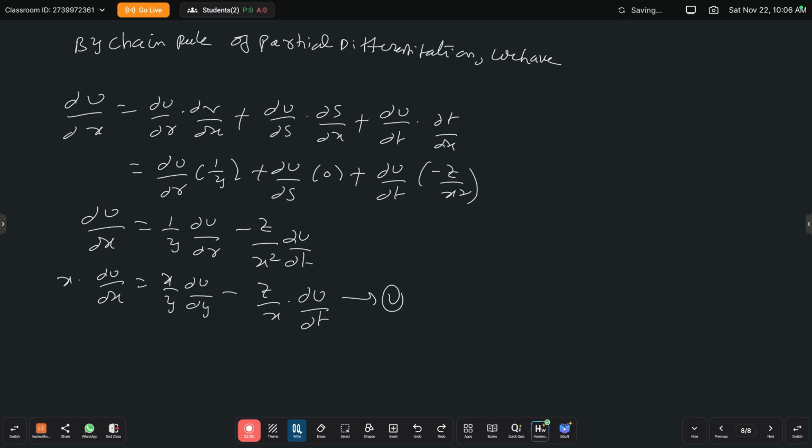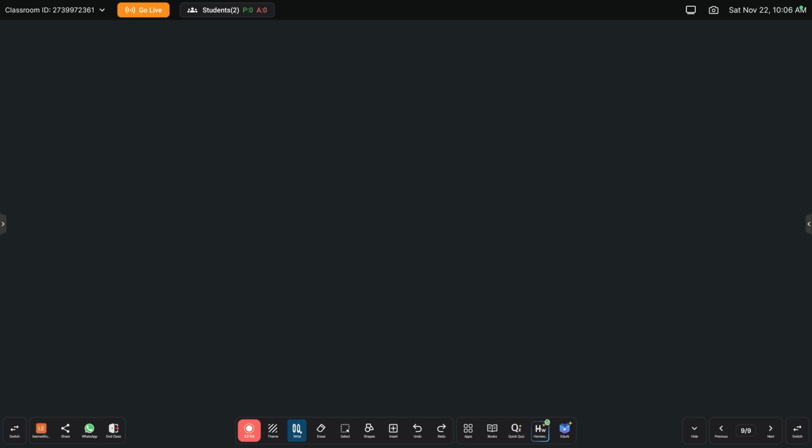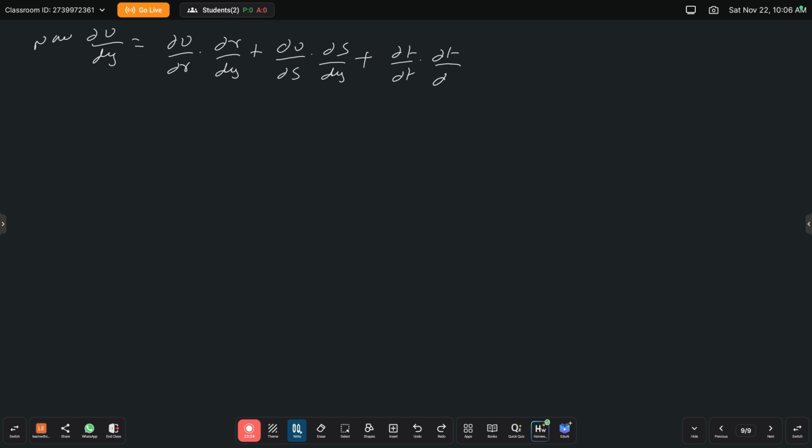Now we can determine, using the same chain rule of partial differentiation, with respect to y. Now dou u by dou y equals dou u by dou r into dou r by dou y plus, with respect to s, dou u by dou s into dou s by dou y, and again t, dou u by dou t into dou t by dou y.